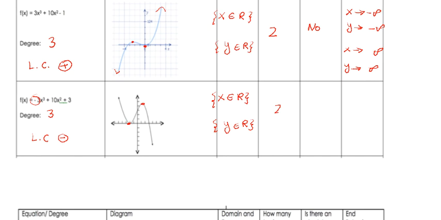Does it have any absolute max or min? No. And as x approaches negative infinity, y approaches infinity. And as x approaches positive infinity, y approaches negative infinity.